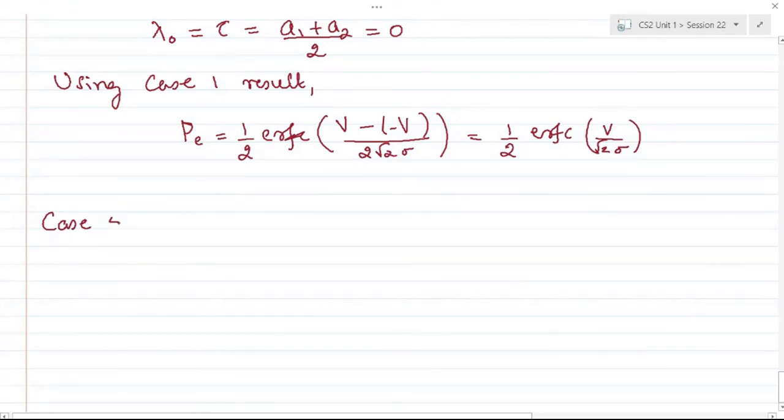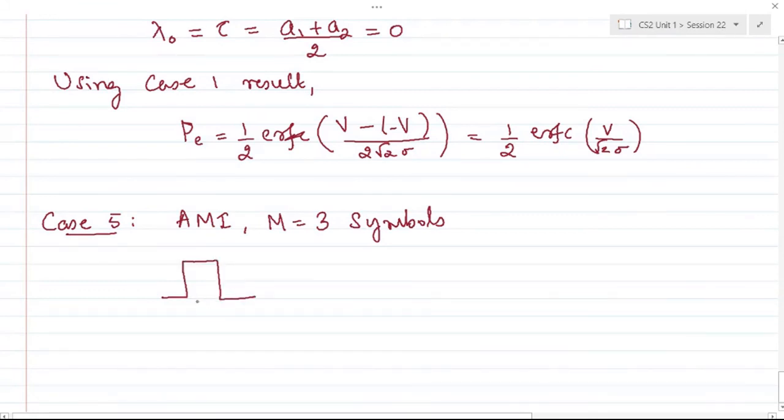Finally, we will take the case of 3 symbols, which is your bipolar scheme. Again, this is the NRZ scheme itself. This is a case with 3 symbols, right? So when there are 3 sets of symbols, the plus 1 is represented alternatively.